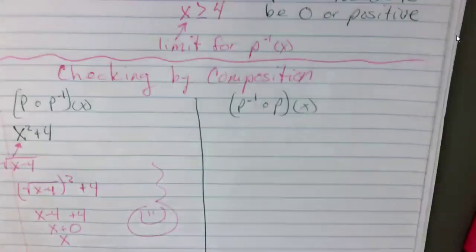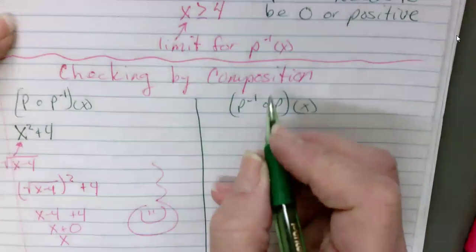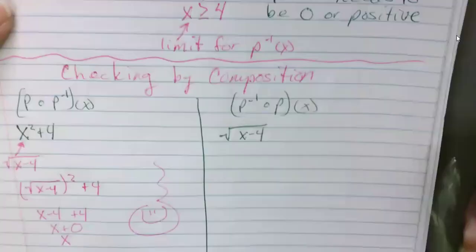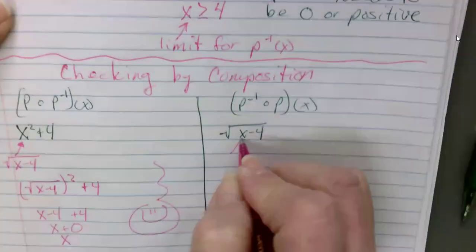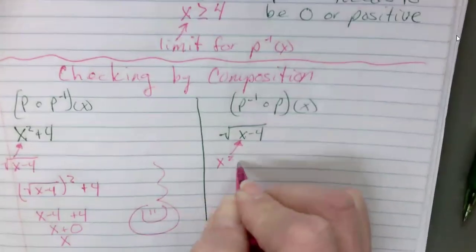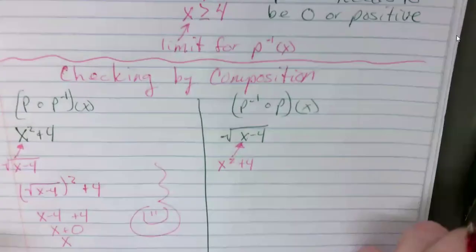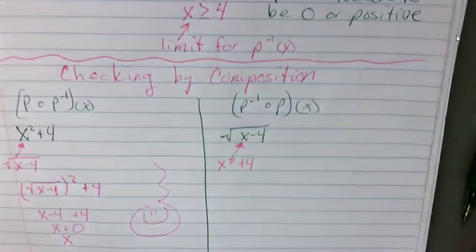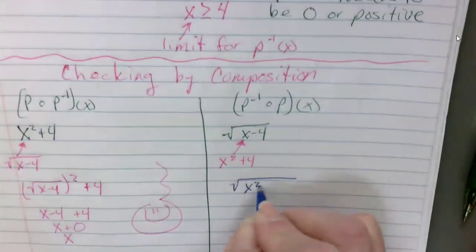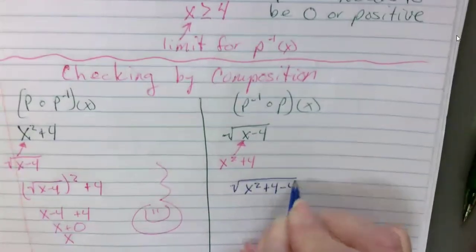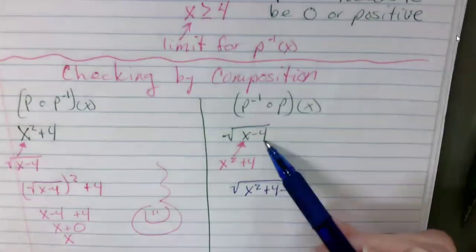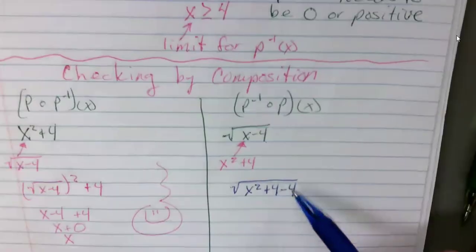So let's start with our p inverse, which is what was in the box: square root of x minus 4. Then we draw our arrow to show what I'm going to put inside. I'm going to put in my original, x squared plus 4. So we get the square root of x squared plus 4 minus 4, all under the square root sign, because this negative 4 becomes this negative 4, like they're the same one.